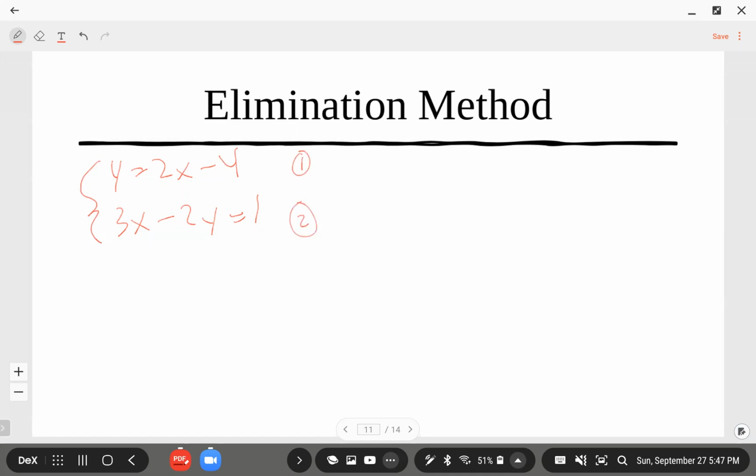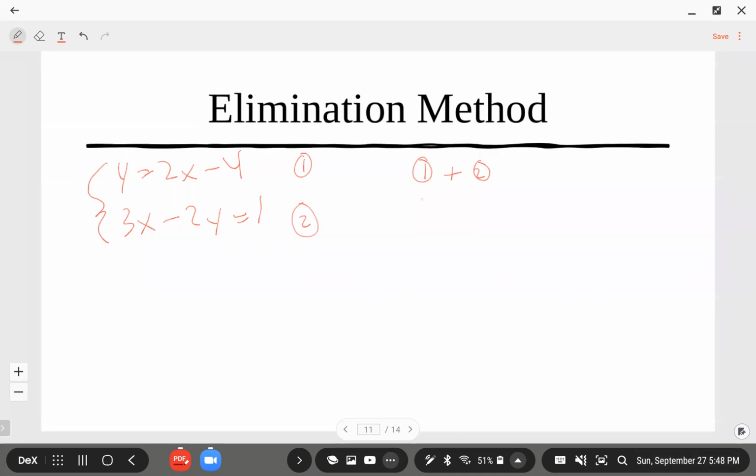The idea of elimination is adding or subtracting the two equations. You can do 1 plus 2, or 1 minus 2, or 2 minus 1, okay? You subtract or add those equations.